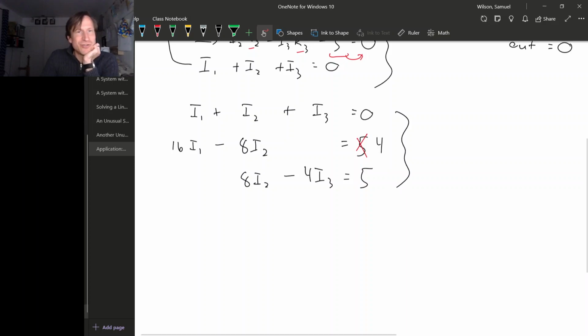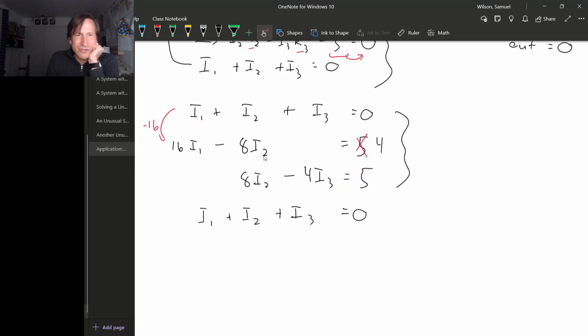Now we just need to do what we usually do to solve. So we can subtract 16 times the first row from the second row. We get I1 plus I2 plus I3 equals 0. And then 16I1 minus 16I1, that's no I1s.